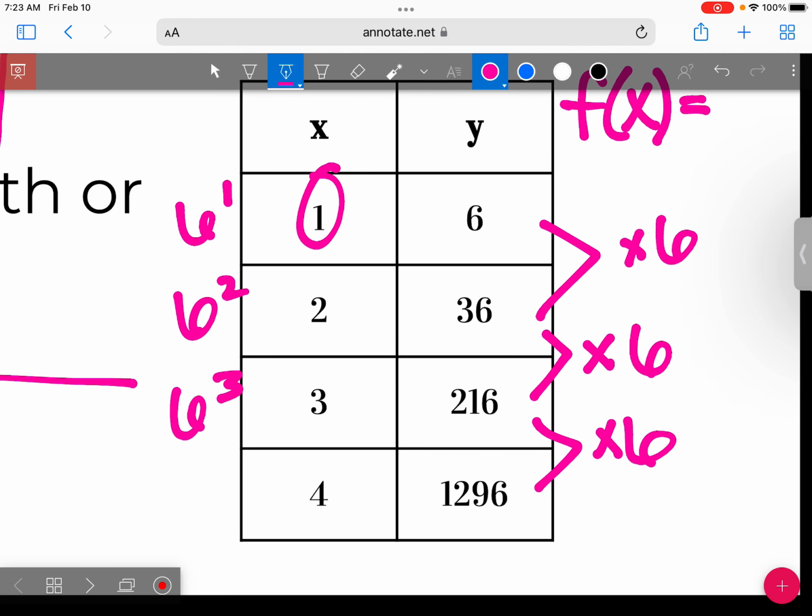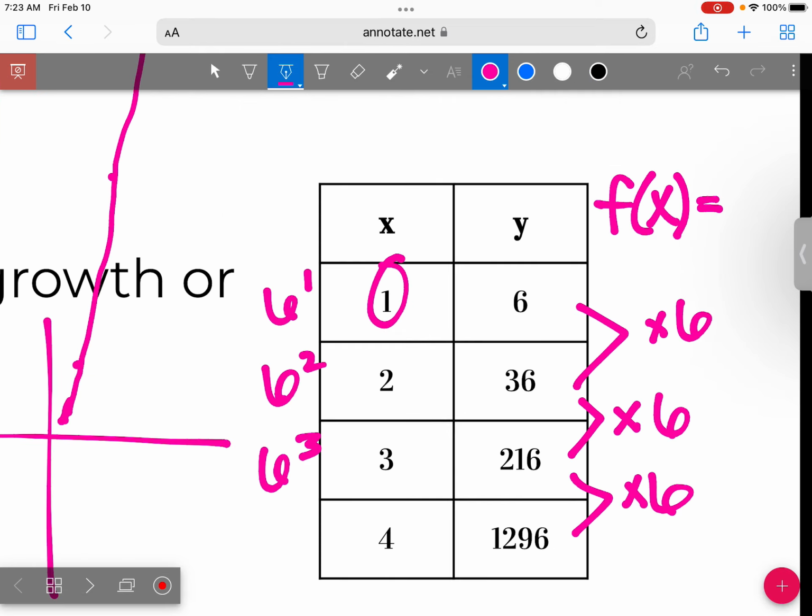If you plug in 6 cubed, what are you going to get? You guys got calculators for a reason. You're going to get 216. So do you notice a pattern? This equation would look like 6 to the x.